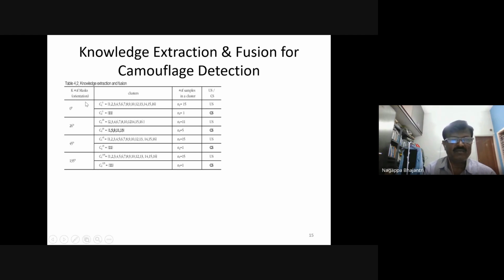There are K orientations from 0 to 135 degrees, which form clusters here. There is a number of samples in each cluster, where US is the uncamouflaged set and CS is the camouflaged set.